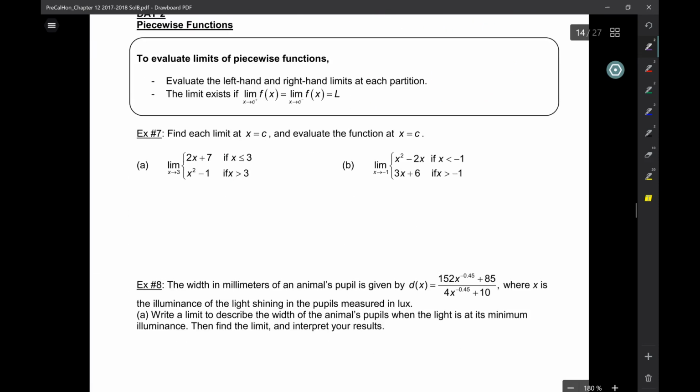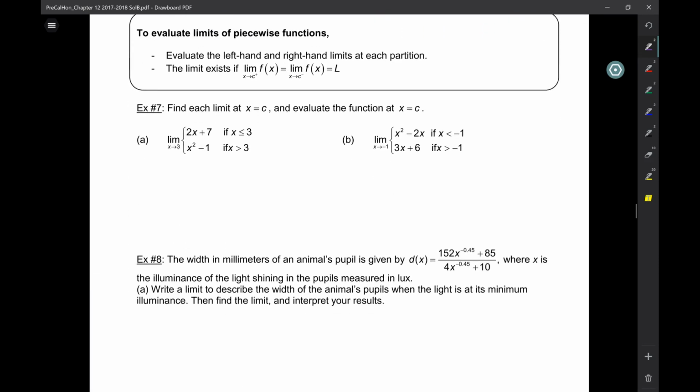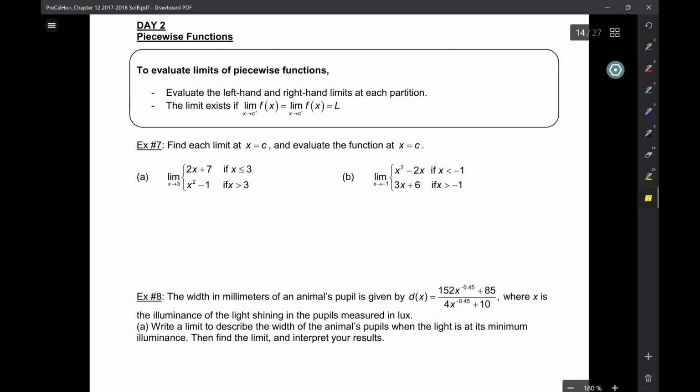Okay, piecewise functions. This was actually what we're supposed to start with today. To evaluate limits of piecewise functions, obviously, if this is at the partition, if the limit is as x approaches the value of the partition, evaluate the left hand and the right hand limits at each partition.